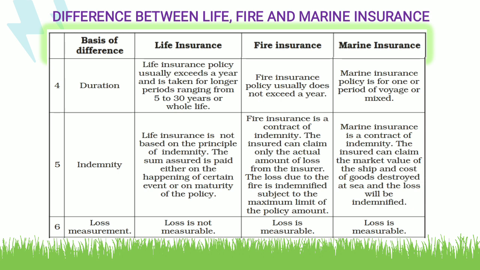Fire insurance is a contract of indemnity. It means you will receive the compensation amount if loss happens because of fire. Marine insurance is also a contract of indemnity, and the insured can claim the market value of the ship and the cost of the goods destroyed according to the agreement.